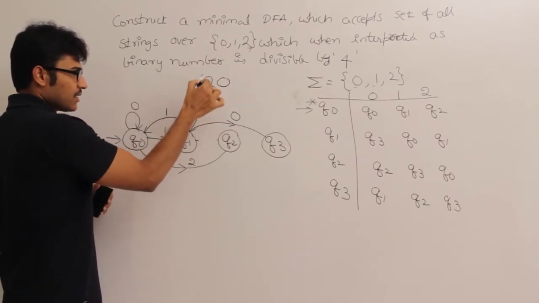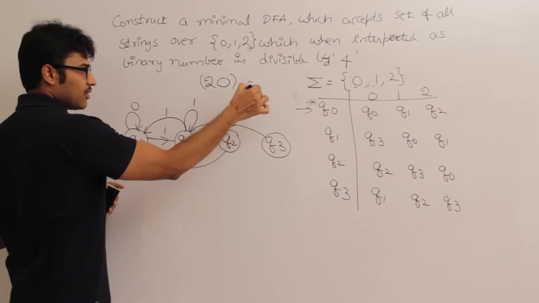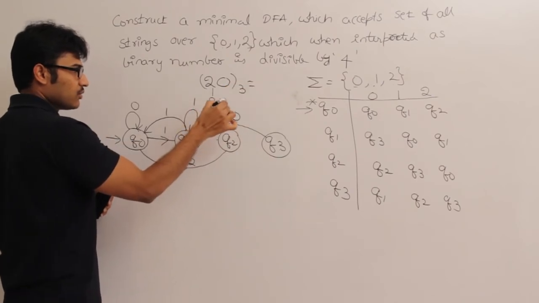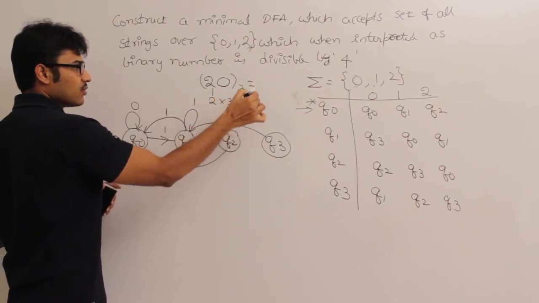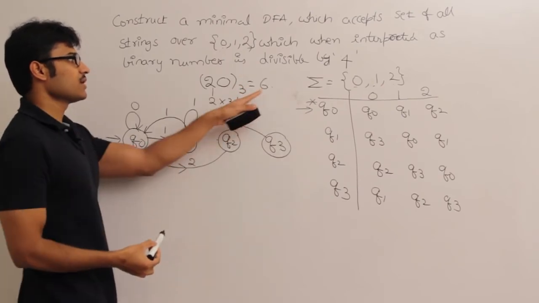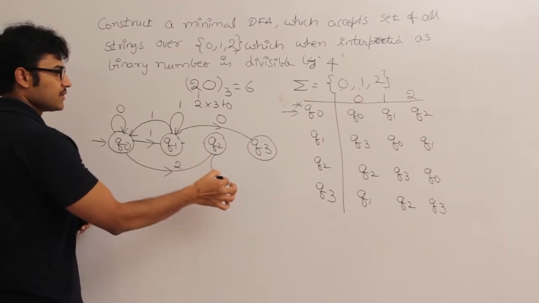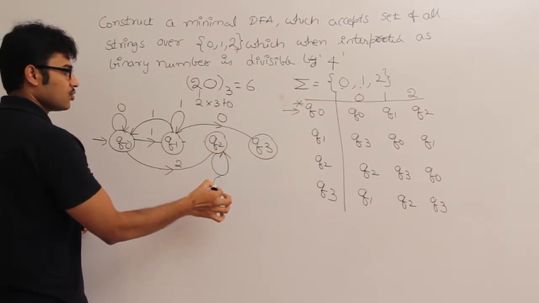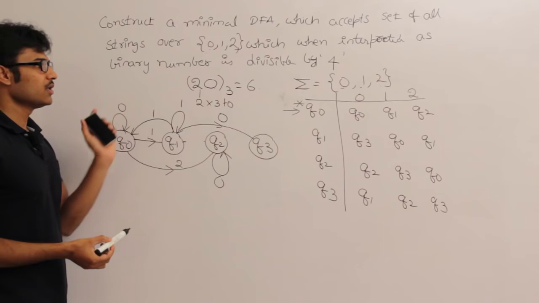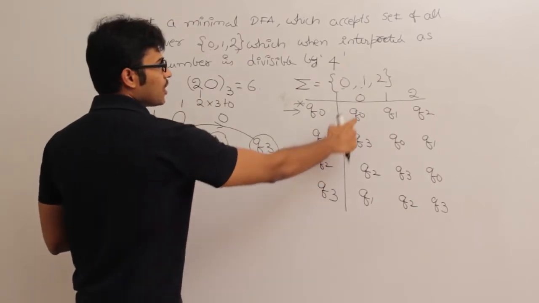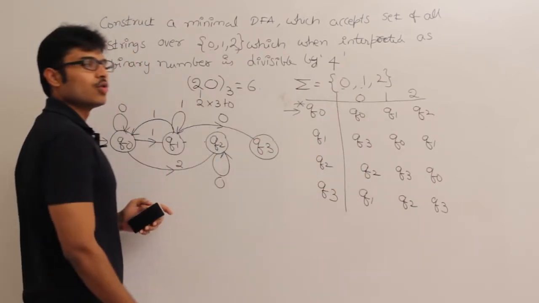It means base 3 is 2 into 3 plus 0, which is 6. So 6 when divided by 4 is going to give a remainder of 2. Therefore on seeing a 0, I will be in Q2 only. So Q2 on 0 is going to be Q2 only.